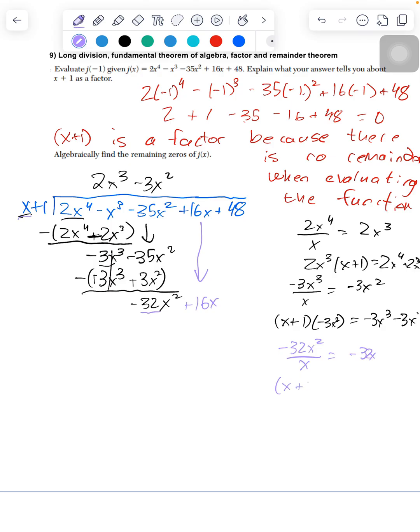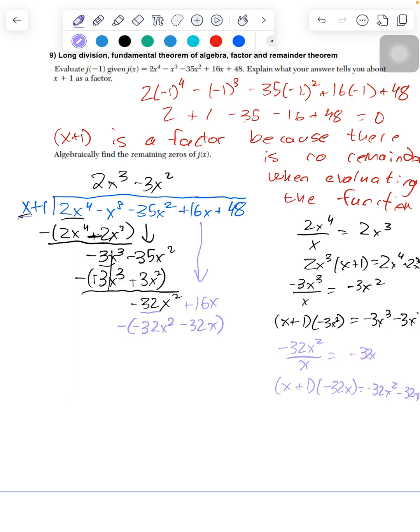Multiply that by my divisor. So this is going to give me minus 32x squared minus 32x. All right, so now subtract that whole thing. Minus 32x squared minus 32x.